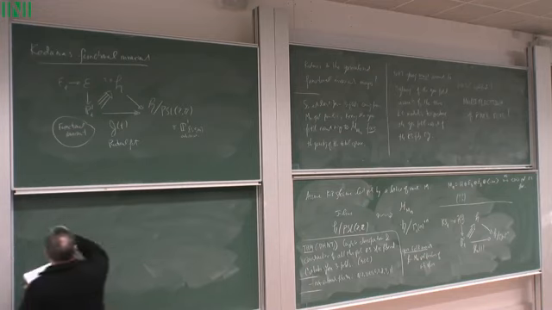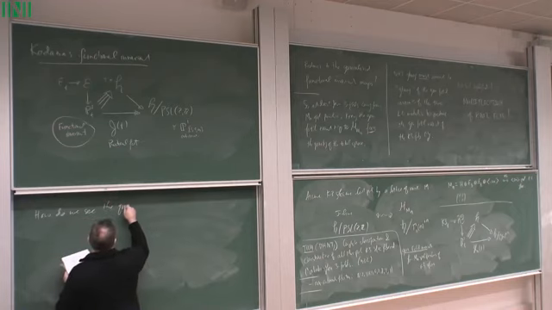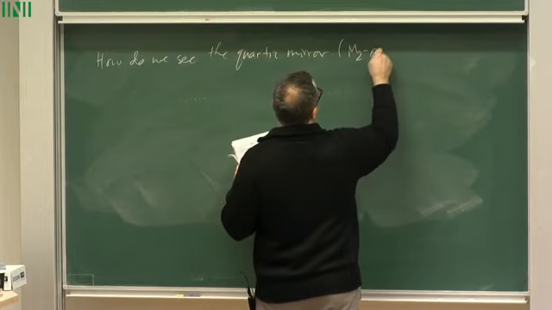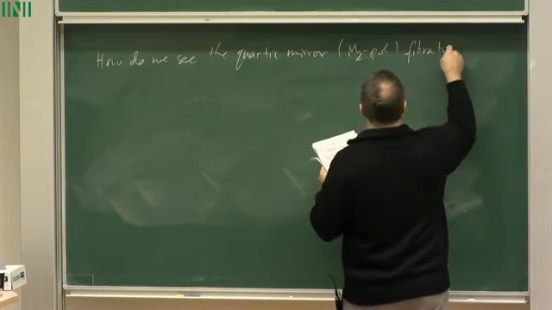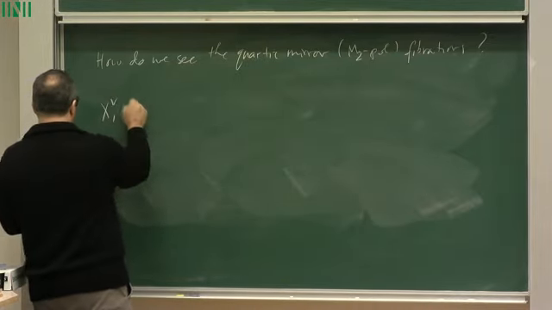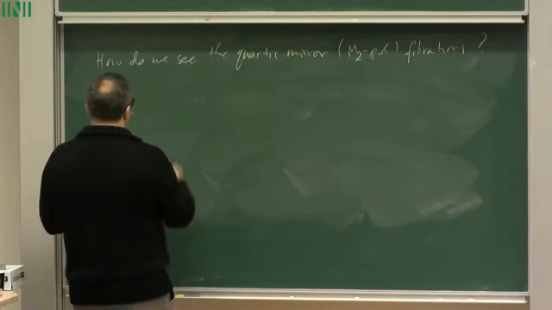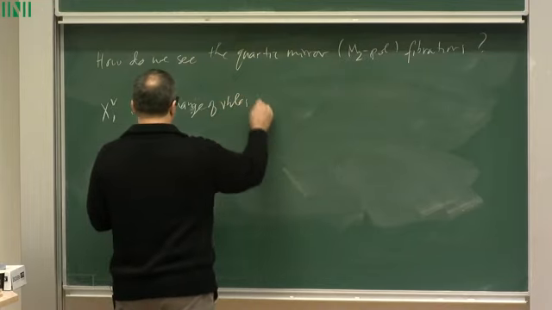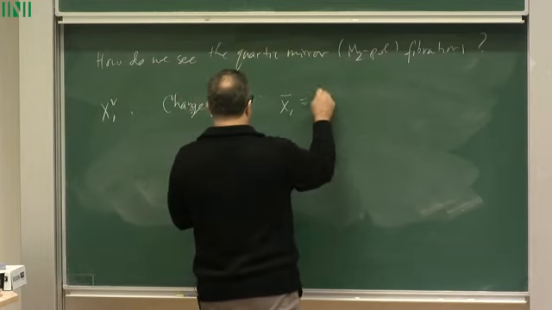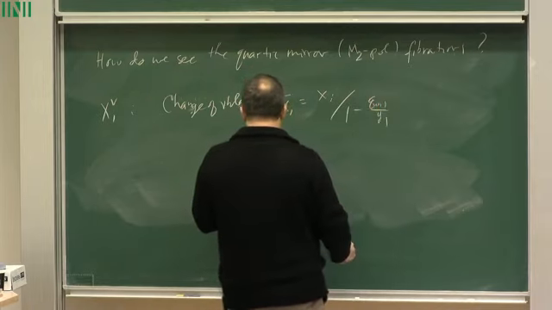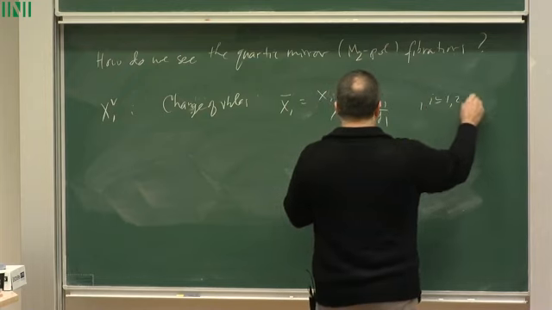All right, so how do we see the quartic mirror, so M2 polarized fibrations? Well, let's take X1 check, for example, and we'll do a change of variables. So Xi tilde is Xi over 1 minus Q01 over Y1 for i equal 1, 2, and 3.